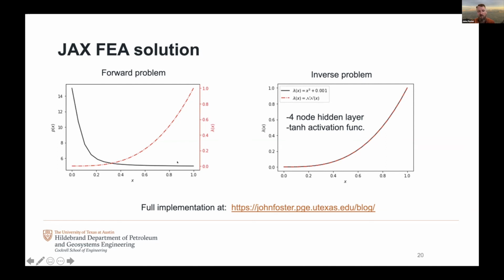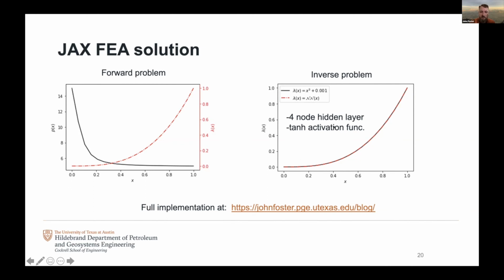And so then I use this as the data that I then use to train a neural network. So in the second example, I replaced the known mobility function with an unknown, just a neural network. And in this case, a very, very small neural network. It just has 4 nodes in the hidden layer and a tanh activation function.